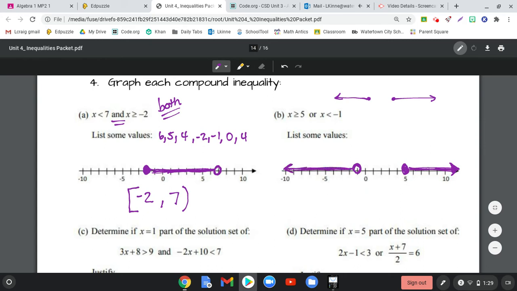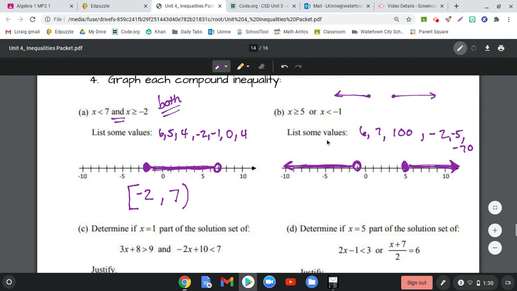All right, so your values could be 6, 7, 100, but they could also be -2, -5, -70. It could be one or the other. But with and, it has to fit both descriptions. So you don't shade in between if it's or. Remember, think of rowing a boat. Here's the boat. There's your oar sticking out.